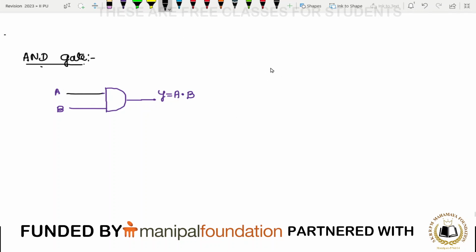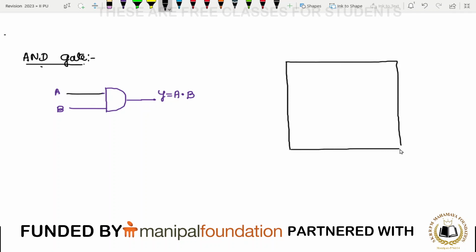Okay. So we draw the truth table now. Inputs and here is the output.